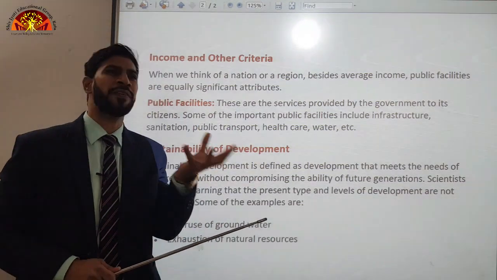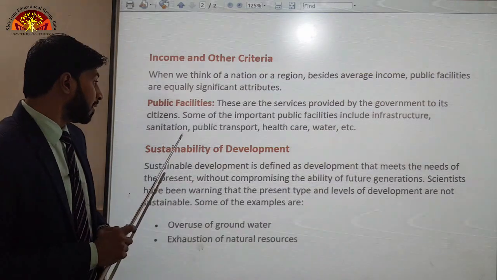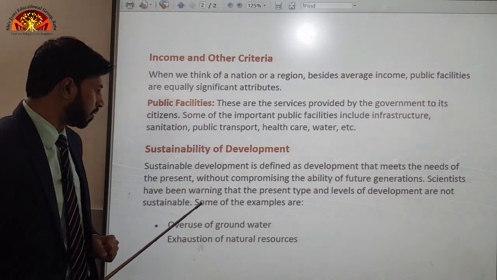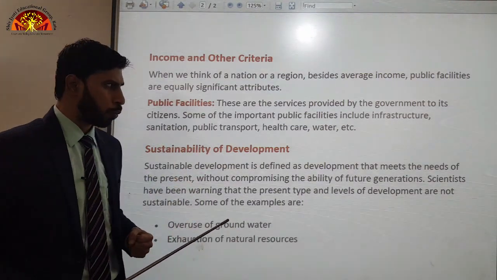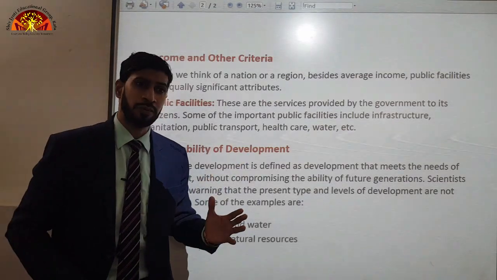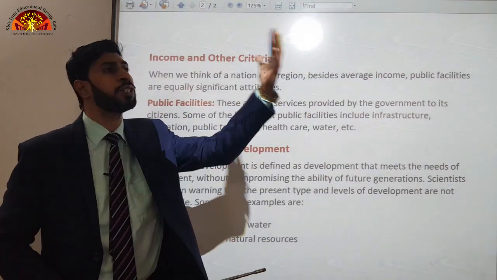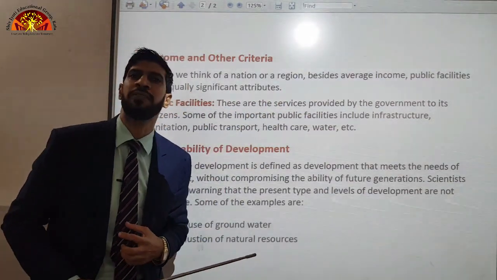What are the other facilities and how you get them? That is very important. Sustainability of development, sustainable development. When we talk about sustainable development, a development done without harming the environment and keeping in mind the future generation is called sustainable development.